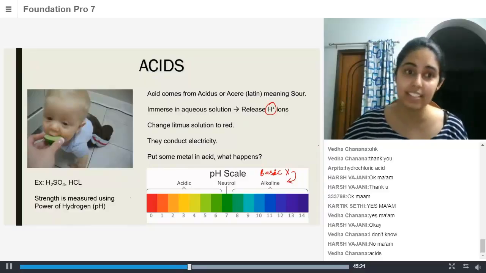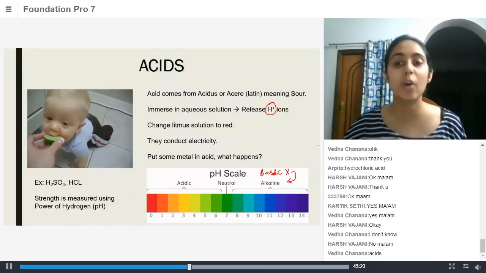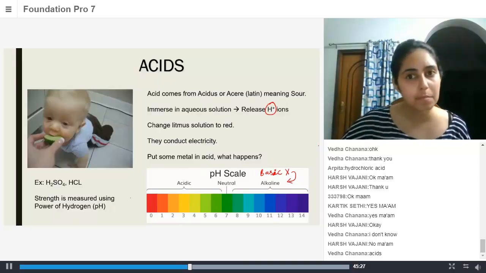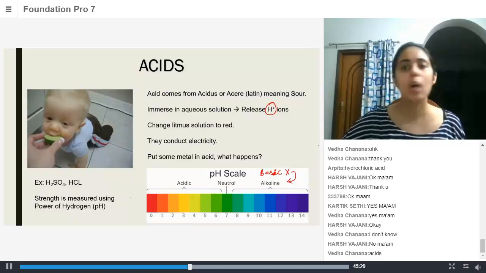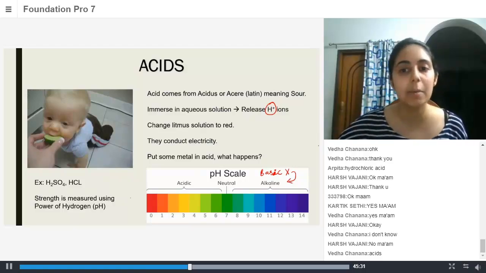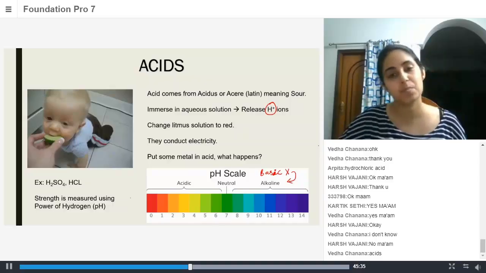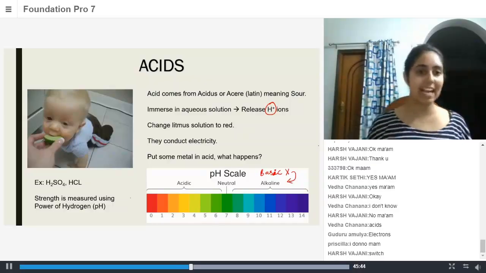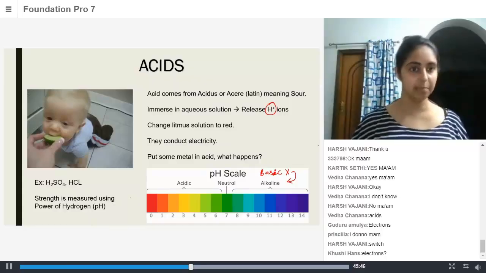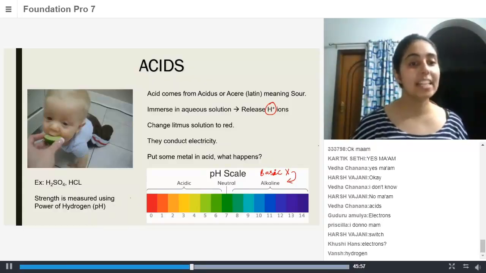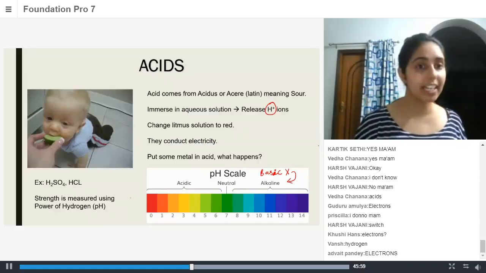That is hydroelectricity. I am asking you, what is required to conduct electricity? Okay, someone's saying acid, someone's saying electrons. Okay, all right. So yes, electrons are required to conduct electricity.